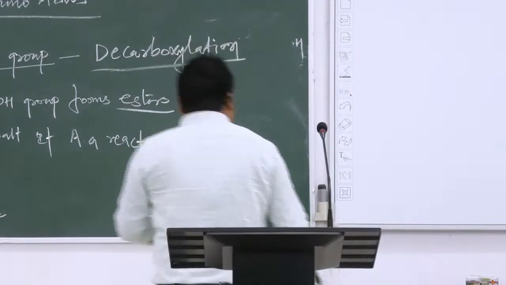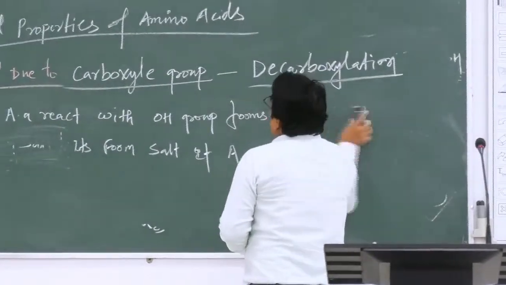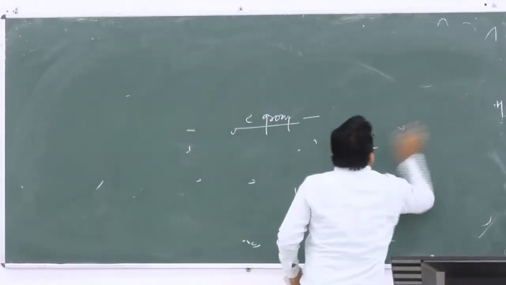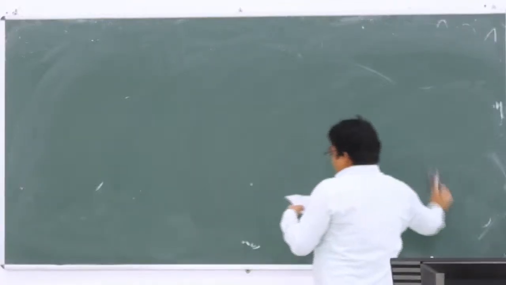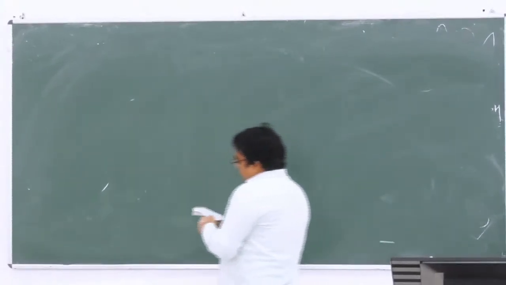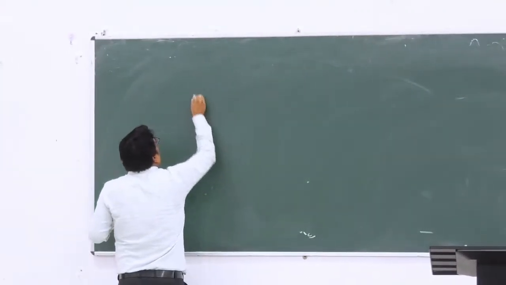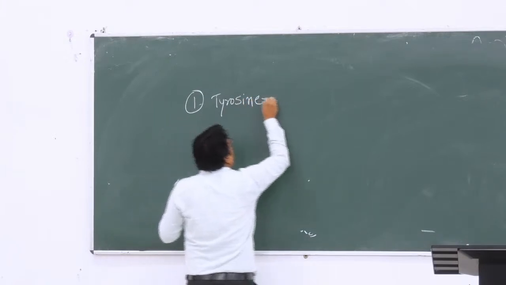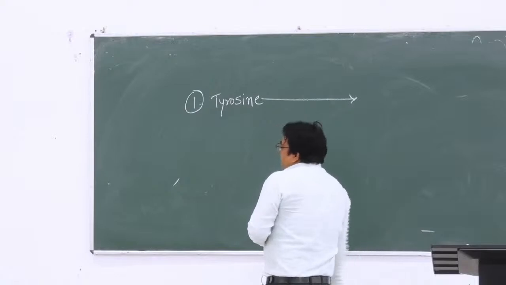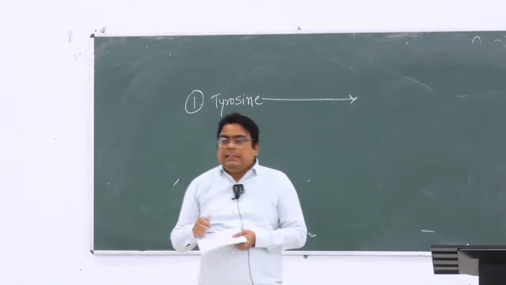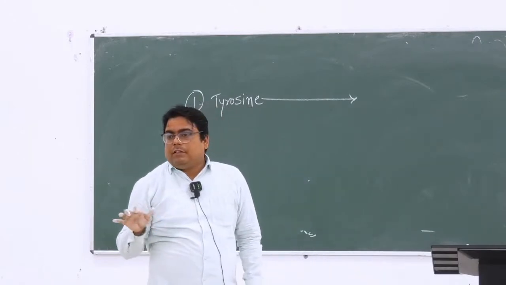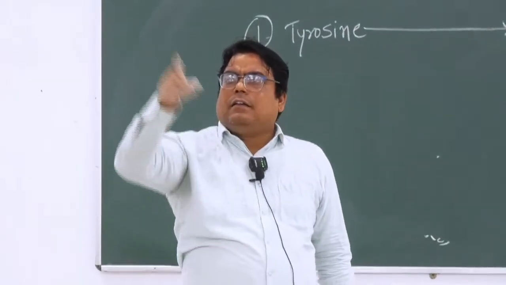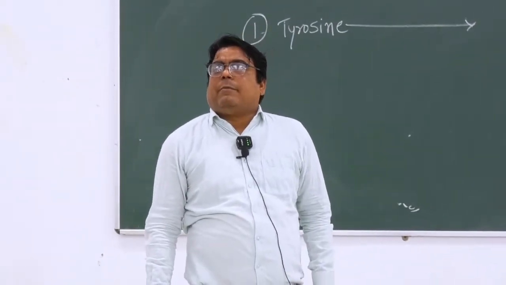Okay. So tyrosine is the amino acid. Which type of amino acid is tyrosine?